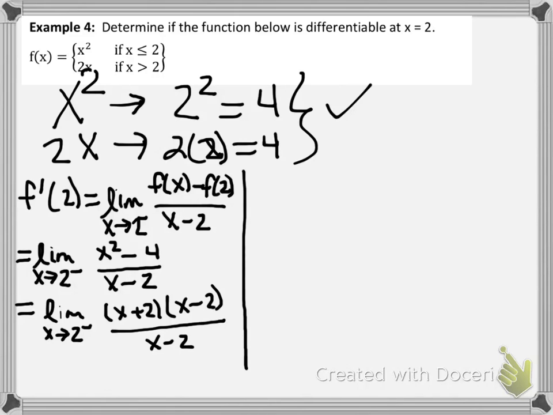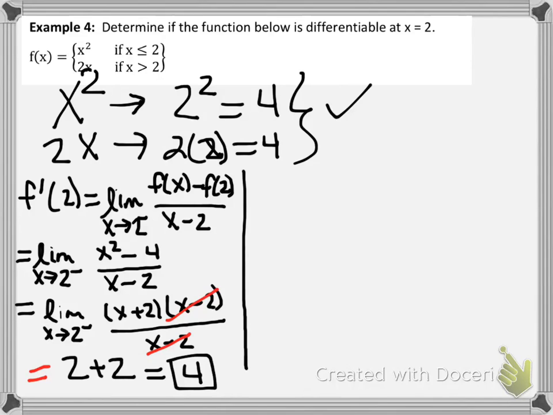So what happens here is that I can cancel some stuff out, can't I? The x minus 2's, leaving me with x plus 2 there. So then I get what? 2 plus 2, which is 4. So my answer here is 4.